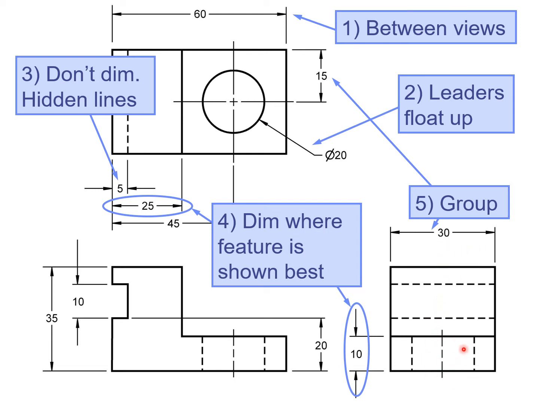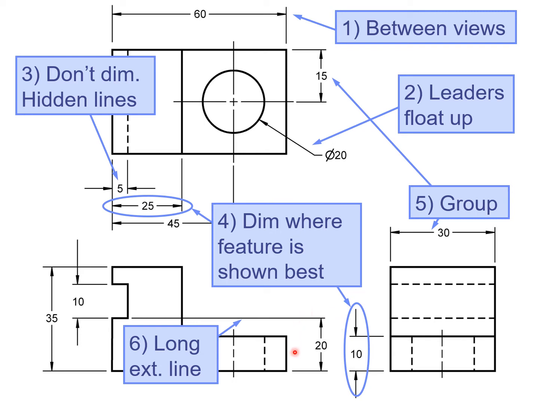That's one of the rules. Avoid dimensioning a hidden feature if you can, and we can do that by leaving it here at the 15. So we're going to have to move the 30 over. The depth here of 30 is the same depth as here. It's the same depth that we're looking at. So bring the 30 to the 15 and group them together. Okay. And another mistake that we see here is this long extension line.